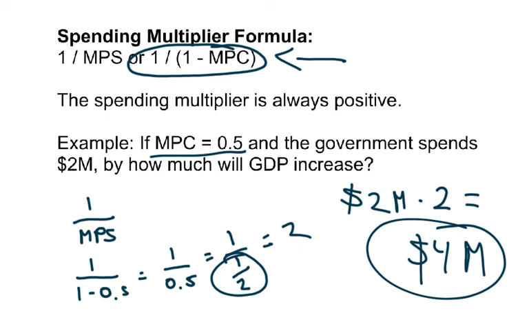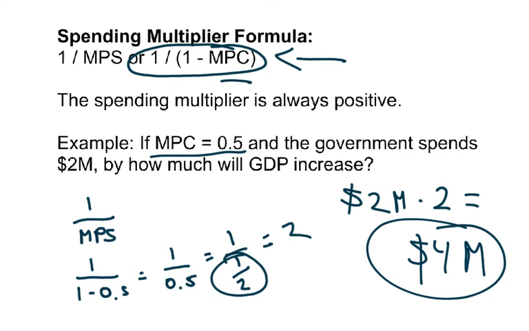So you can see how powerful the spending multiplier really is, because if we go back to my first example, you don't have to spend $100 billion to close a gap. You can spend a lot less than that if you know at least the MPC, how much people are willing to spend, and you can get how much they're willing to save, get the multiplier, and figure out how much you would need to spend.